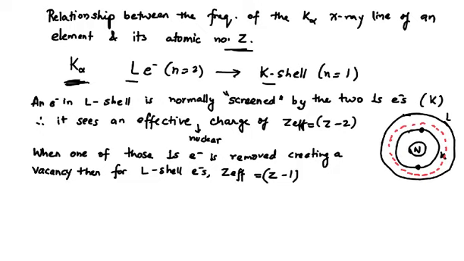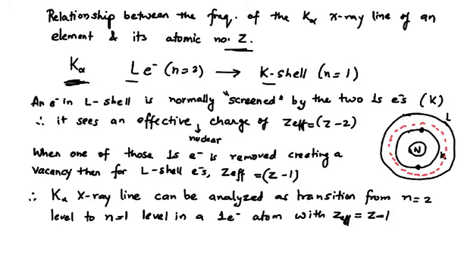So if one electron in the K shell is removed, then for an L shell electron, Z effective will be Z minus that 1 electron.